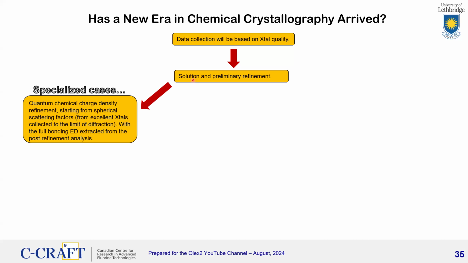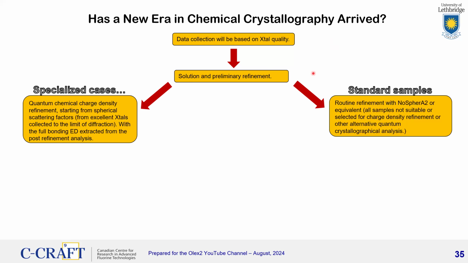There will be specialized cases where you stop at the independent atom model level, and that's things like doing charge density refinements, using multiple methodologies, etc., where essentially you take the model with the independent atom and then you do post-structure analysis of that model.